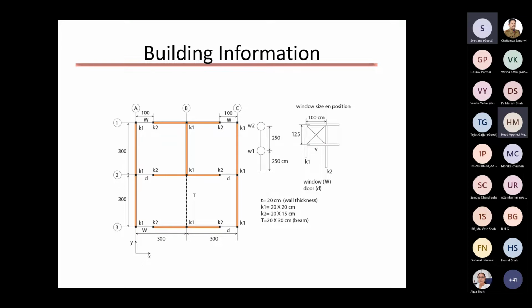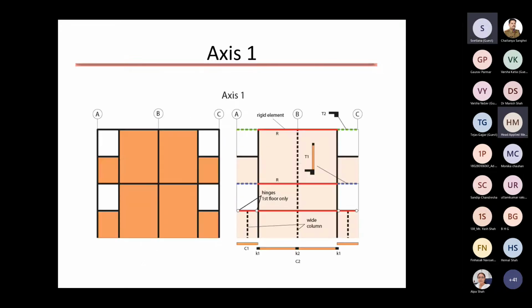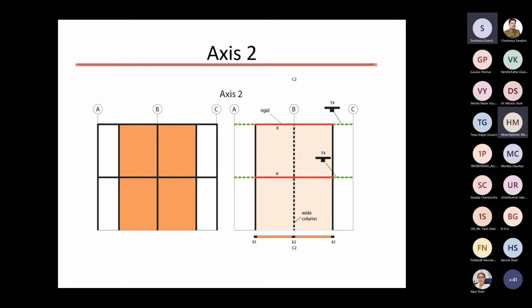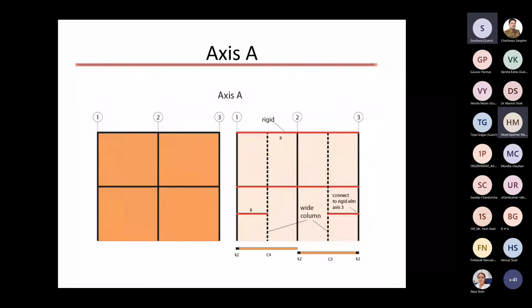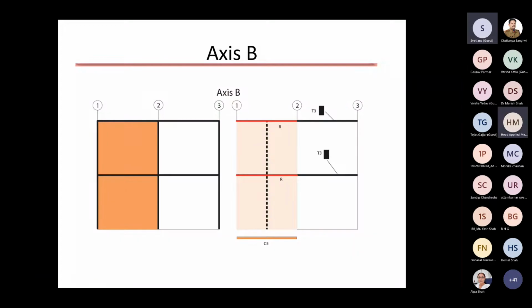That is what it is modeling. So everything has to be connected in a sense. You can't independently consider these two directions if you have a 3D model. So axis 3 and axis A and axis B.